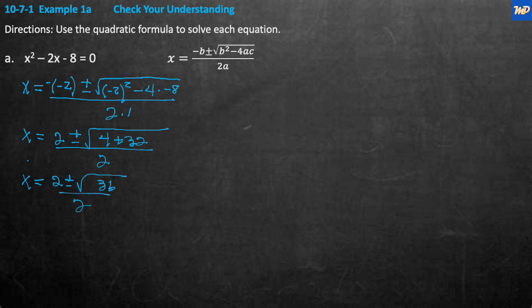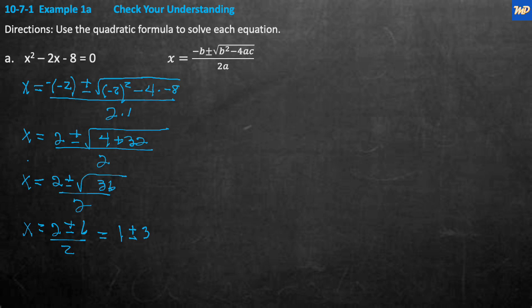We're going to take the square root of 36. X is equal to 2 plus or minus, square root of 36 is 6, over 2. And if we simplify that, 2 over 2 is a 1. And it's plus or minus 6 divided by 2 is a 3, plus or minus 3.